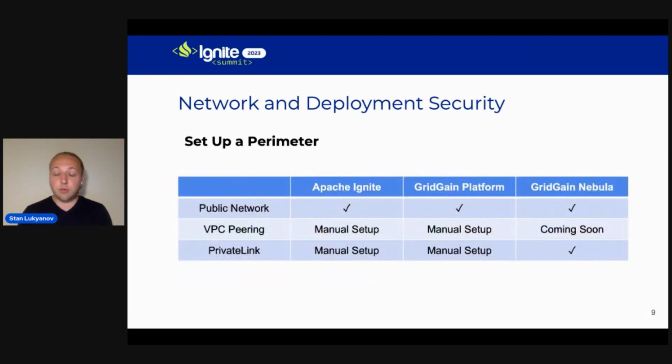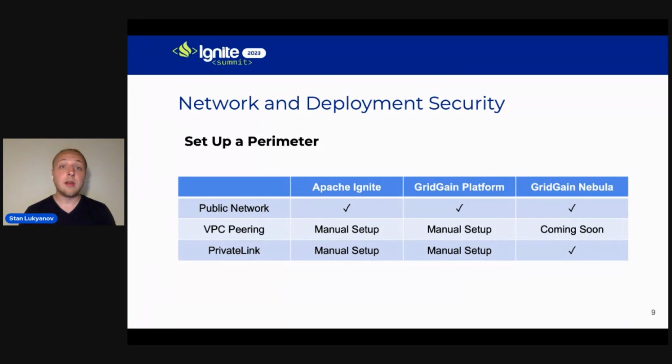And so if we look at our different solutions that we have in the ecosystem, Apache Ignite and GridGain platform, both work very well with all three of these approaches. So public network is pretty easy to set up, VPC peering and private link. At the end of the day, they don't have too much to do with Apache Ignite and GridGain platform themselves, with the clusters themselves.